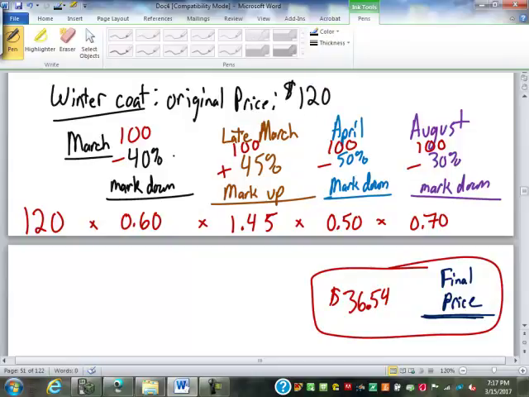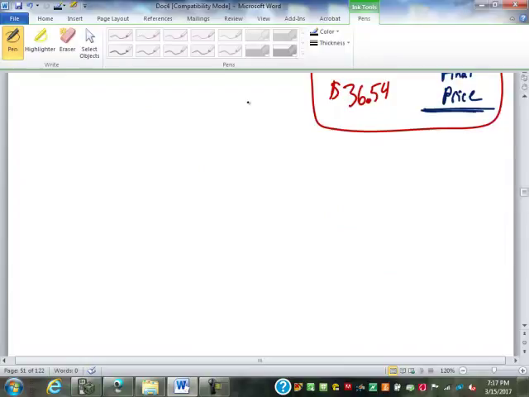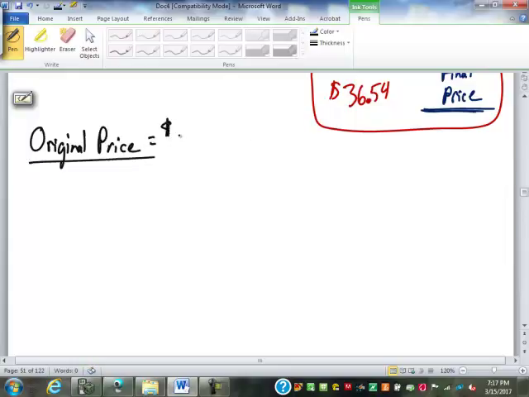I'm going to have you guys do an example of this quick. I'm going to spare you the story and just write it down quickly. So let's say the original price is $80. Sorry to disappoint. There's a markdown of 25%.